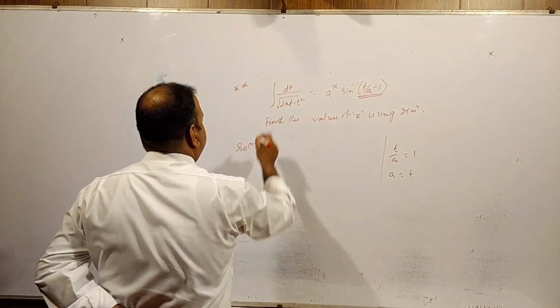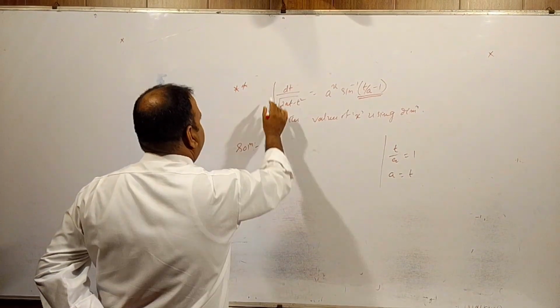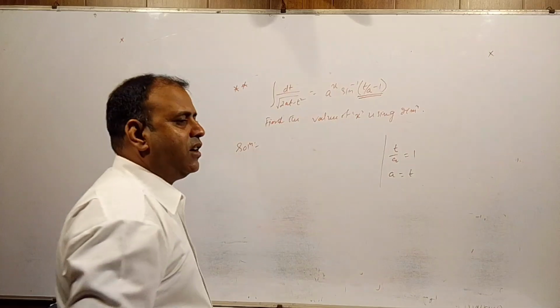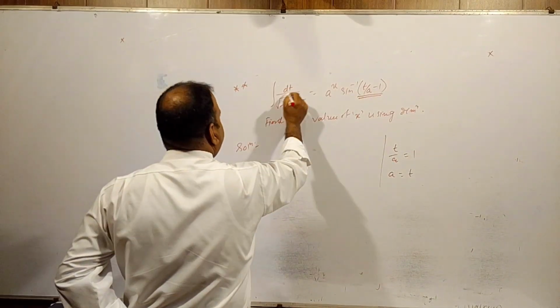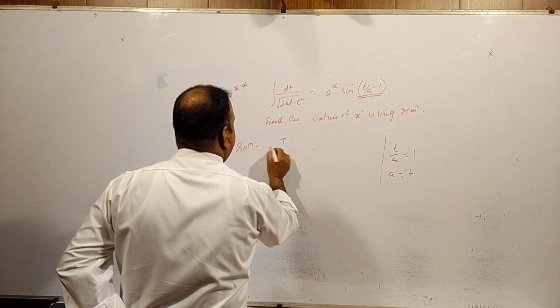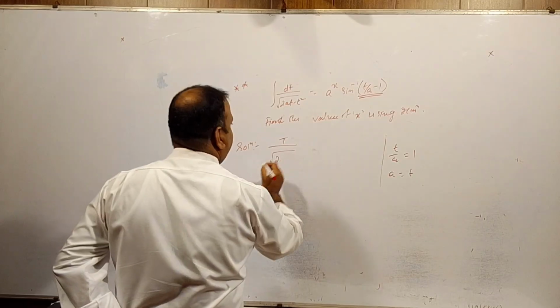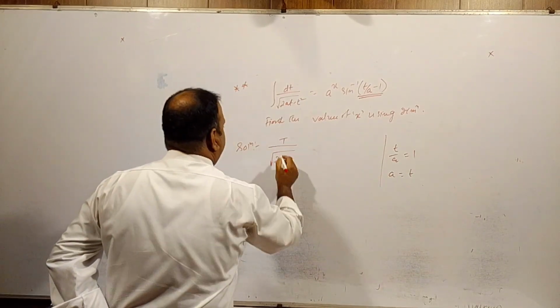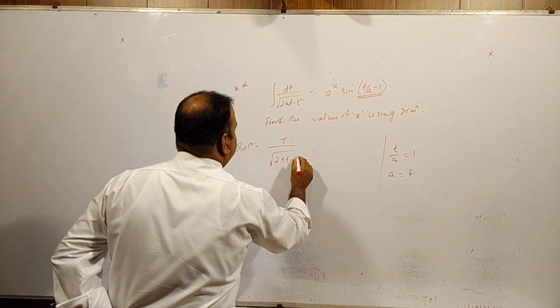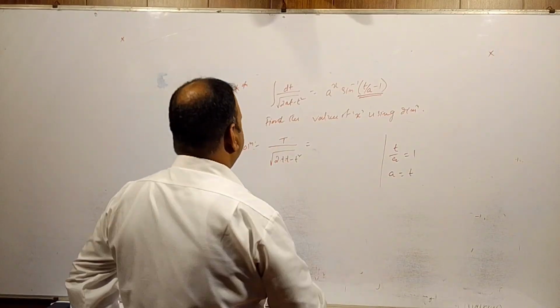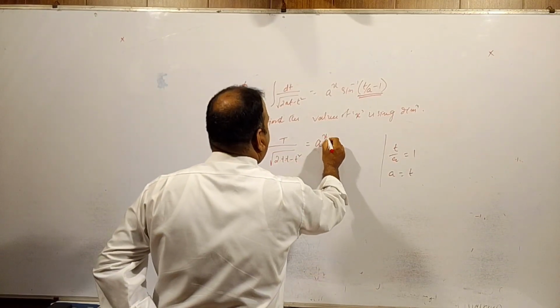Now see, using this dimension here, integration is nothing, this is a kind of confusion. So dt means it will be a kind of time t, and 2at means t, and t minus t square is equal to a to the power x.